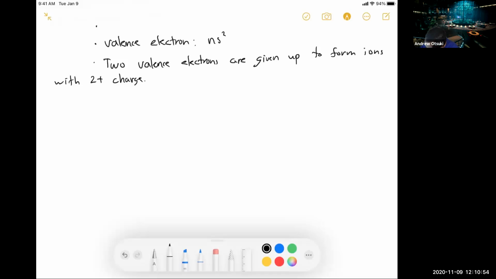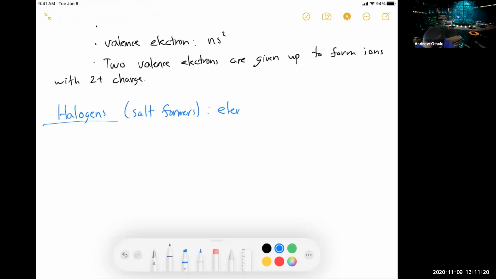So next we're going to talk about the halogens. The halogens are what we call salt formers, because sodium chloride is a salt and it's composed of a halogen, chlorine.